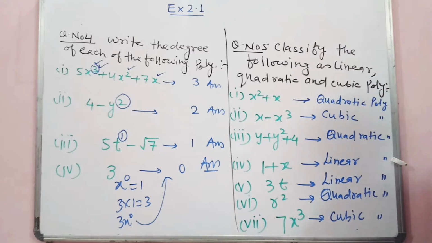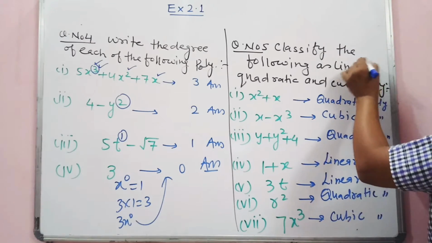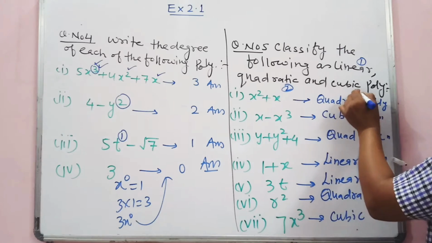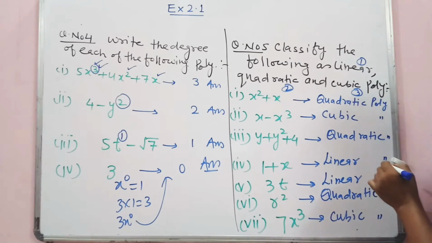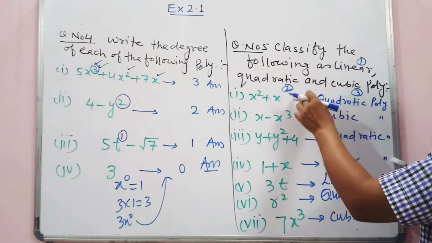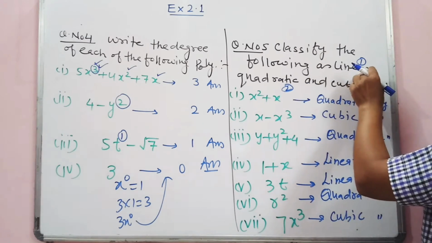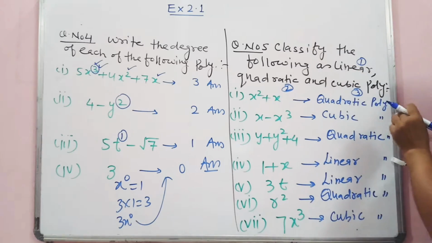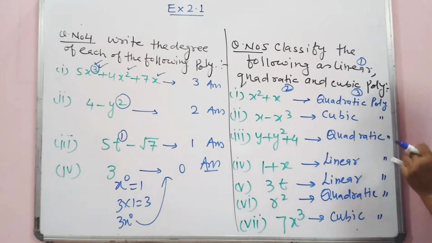Now you see, if the highest power is 1, then we say linear, if power 2 quadratic, and power 3 cubic. Highest power we check, and if the highest power is 2 or degree 2, then we say quadratic. If the highest power is 1, then degree 1, then we say linear. If the highest power is 3, then degree 3, then we say cubic polynomial.